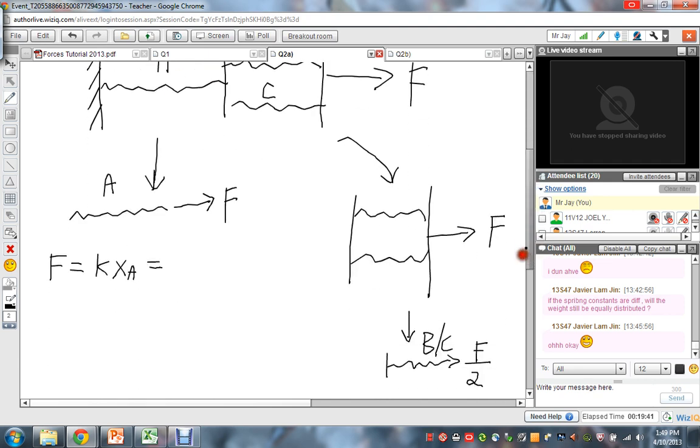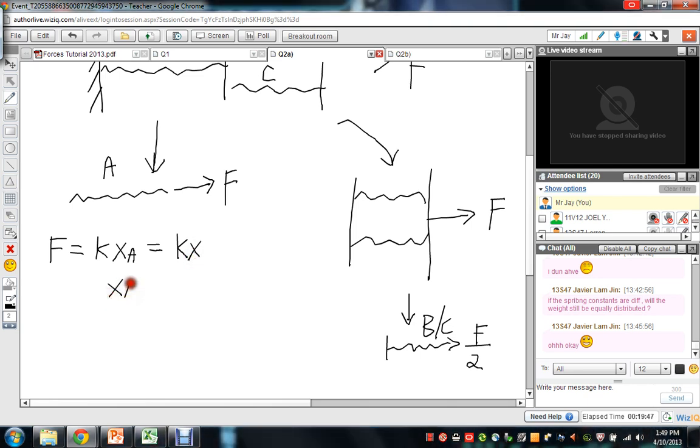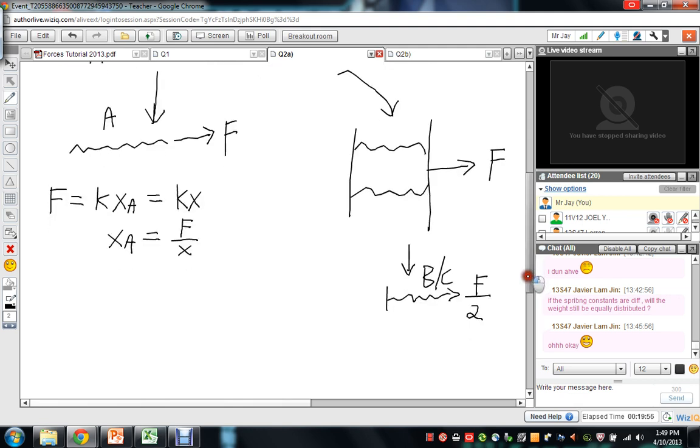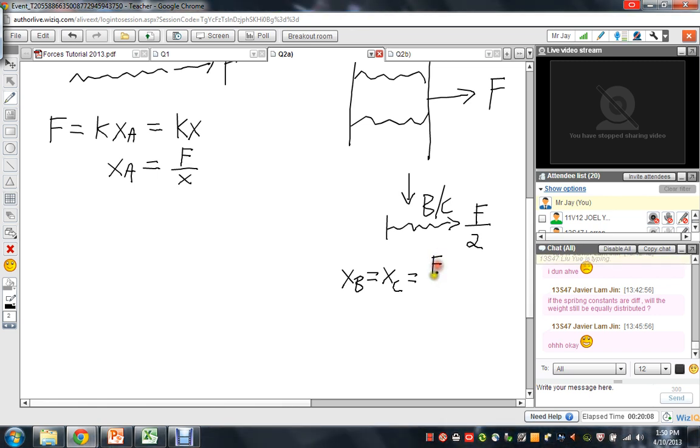So this means XA is just X. XB and XC equal, since the force is divided by 2, F over 2K.